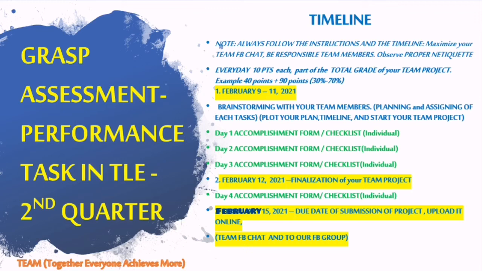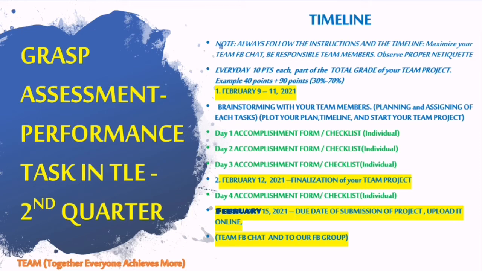February 9 to 11, 2021, you are brainstorming with your team members, planning and assigning of each task. Be sure to assign your team members. Plot your plan, also your timeline, and you can start to create your team project.